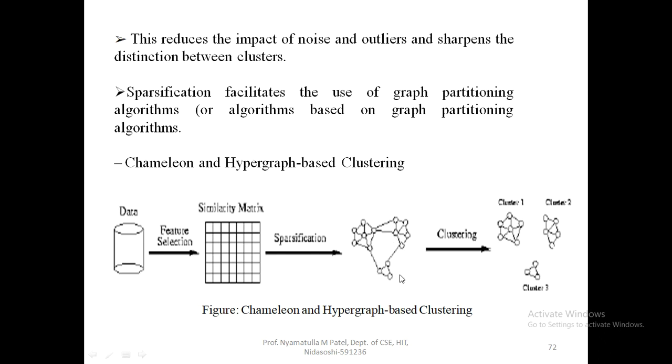Now I need to separate these clusters which are separated by a large distance, for example by Euclidean distance. Then we can apply clustering, and that will result in 3 different clusters: this is the first cluster, this is the second cluster and this is the third cluster.